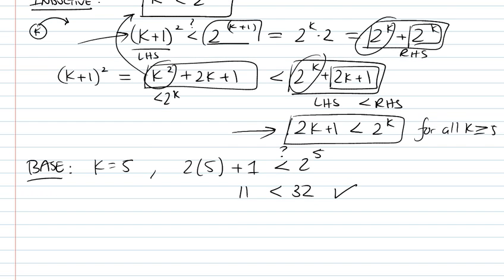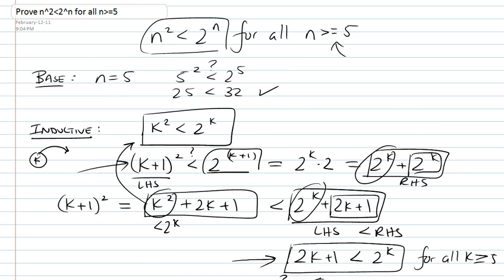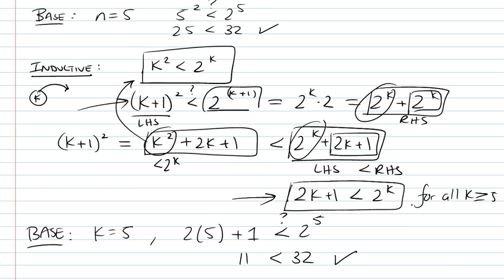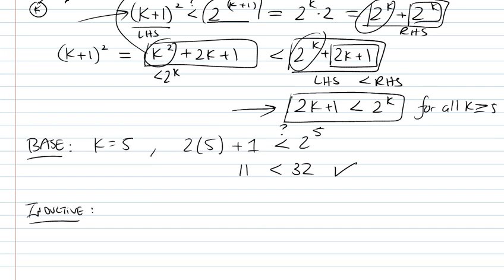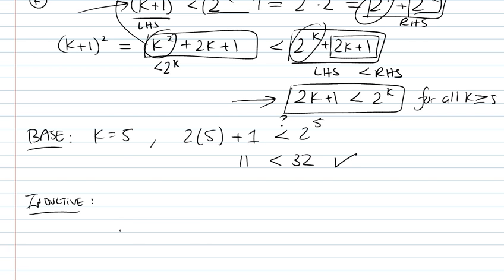Now we can move on to the inductive step. For the inductive step, just like we did in the earlier problem, this is a sub-problem that we've derived from the earlier problem. So when we prove that, we're going to be able to say that this is right. We're kind of subdividing our problem.